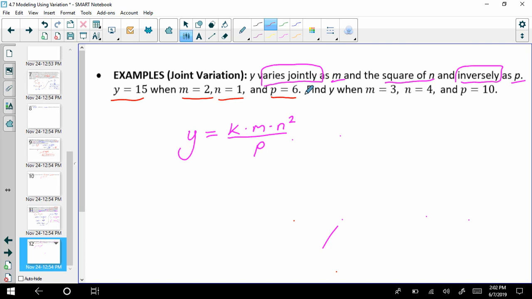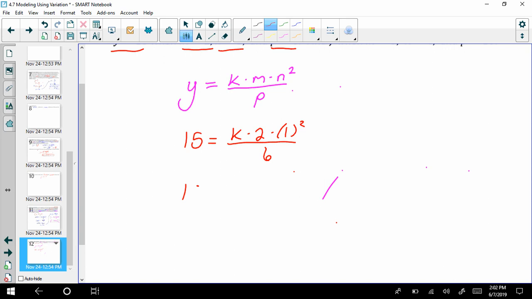I'm going to use that to find k. So 15, 2k over 6. So that would really be, if I simplify, k over 3, divide both by 2.